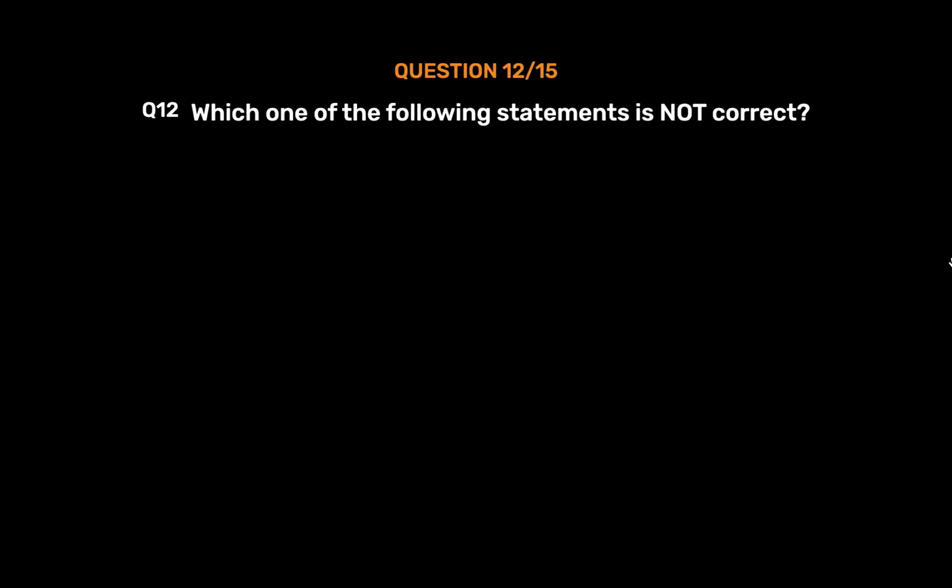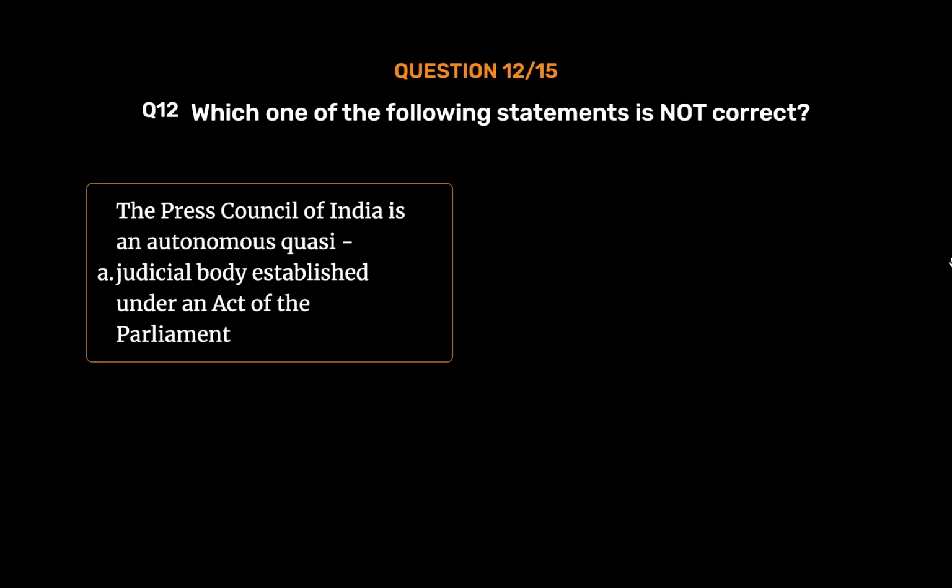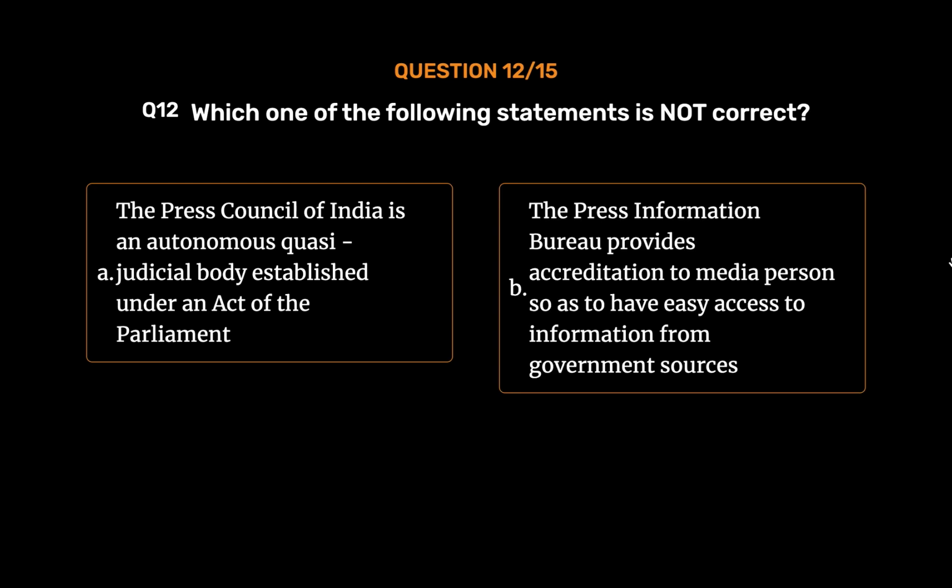Question number 12. Which one of the following statements is not correct? Option A. The Press Council of India is an autonomous quasi-judicial body established under an Act of the Parliament. Option B. The Press Information Bureau provides accreditation to media persons so as to have easy access to information from government sources.